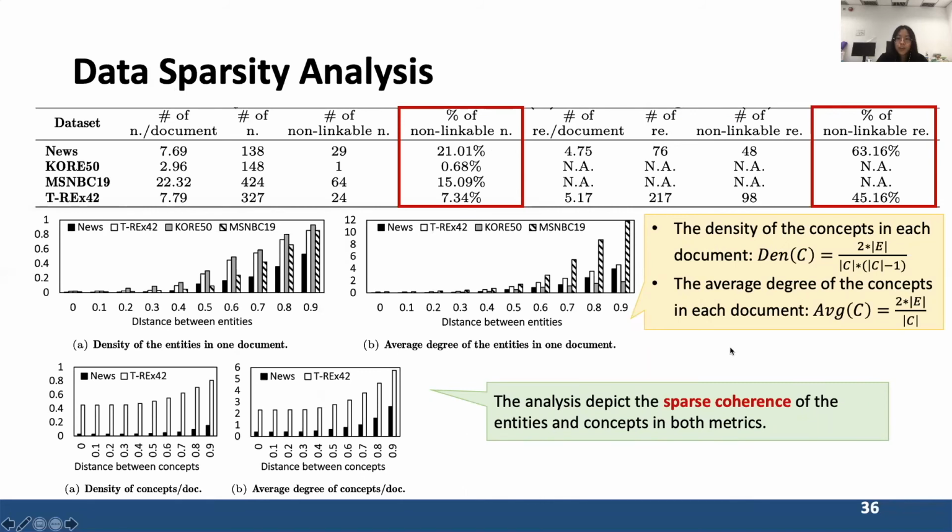We further investigate the sparse coherence problem in these datasets based on 2 metrics, the density of the concepts in each document and the average degree of the concepts in each document. The analysis depicts the sparse coherence of the entities and concepts in both metrics. Specifically, in the long text datasets such as MSNBC19, which contains over 22 entities per document, each entity is only connected to less than 6 other entities, with a distance closer than 0.7 on average.